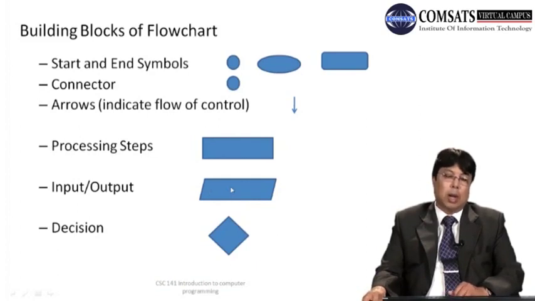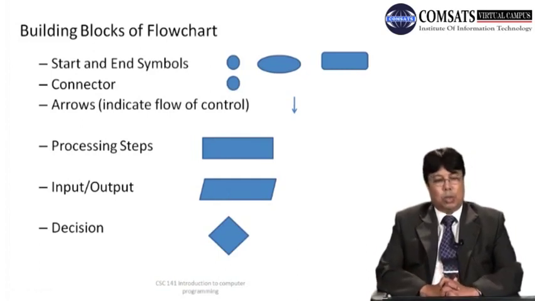Next is the parallelogram, which represents input output. You can represent the input output in your flowchart by using this parallelogram, which is like a rectangle, but it has parallel sides.